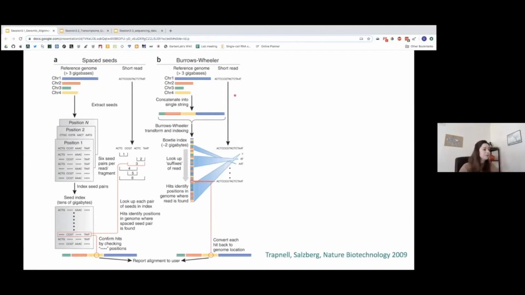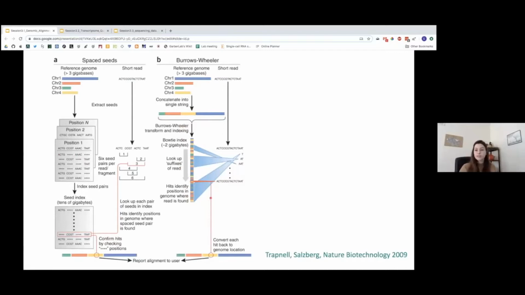After you do that, so you concatenated the whole human genome into one string and created all possible iterations of it, the Burrows-Wheeler transform orders them lexicographically and takes just the last letter of each of these, forming a single string that it can use to reverse match and find that position in the genome.